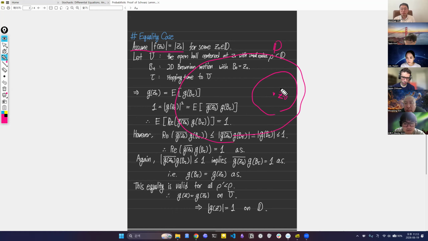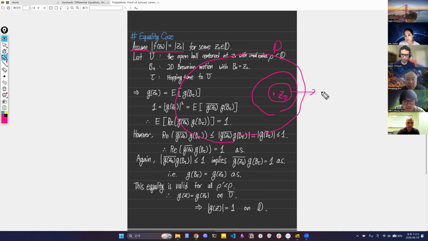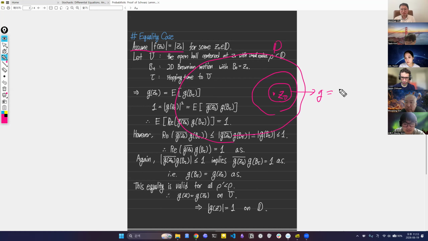Then the 2D Brownian motion, this is the highest, the maximum value of the function g, because it is 1.